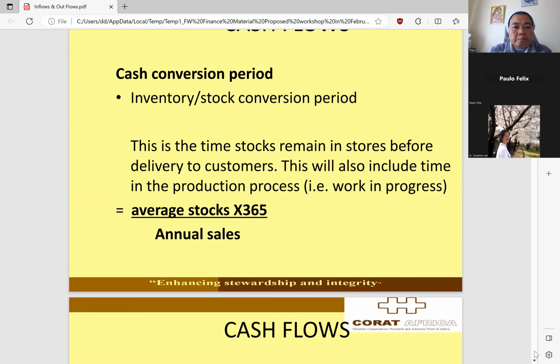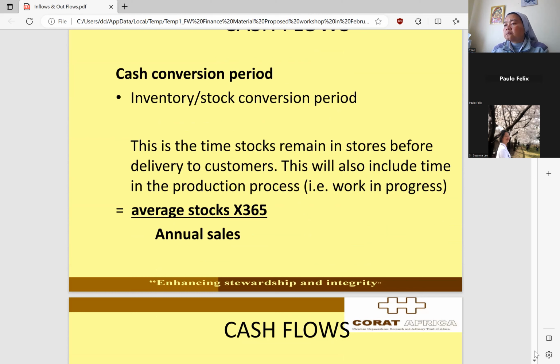So the cash conversion period includes the inventory stock conversion period. This is the time stocks remain in stores before delivery to customers. This will also include time in the production process, like work in progress.